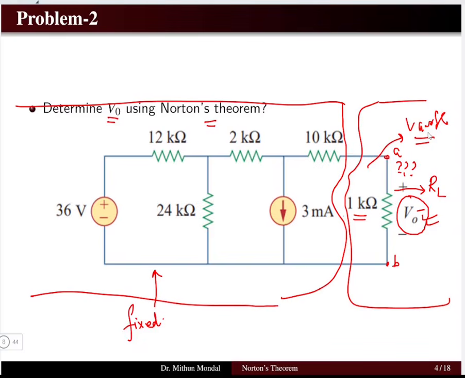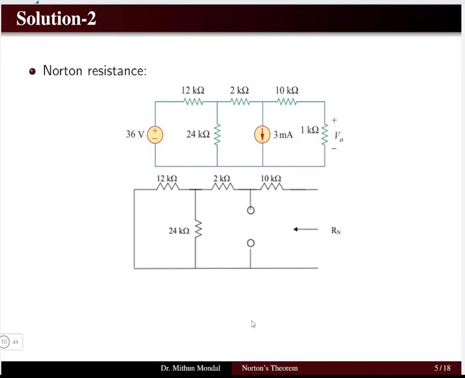So let us see how to obtain the value of I Norton and R Norton to draw the circuit. First we will calculate the value of R Norton at the terminal. So we have to remove the variable resistance, or the load resistance, from the network.